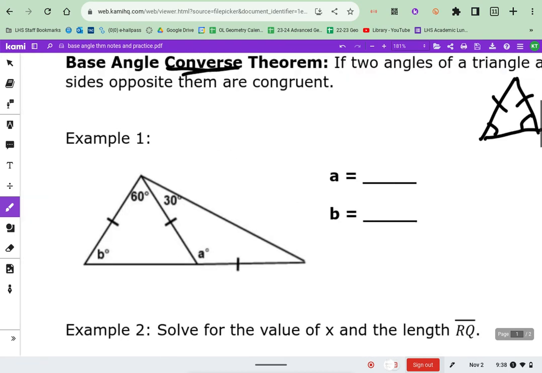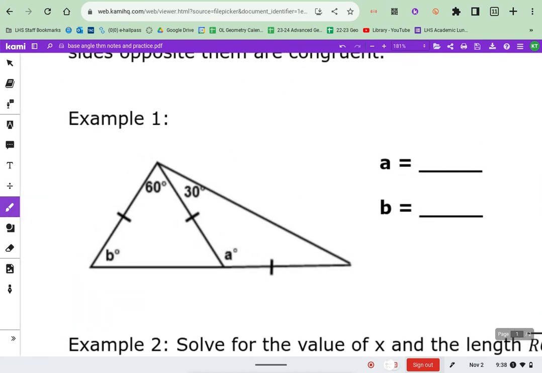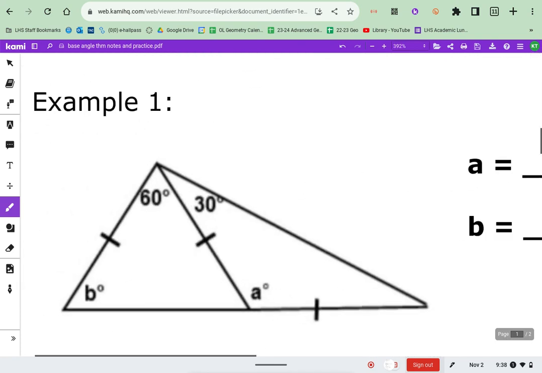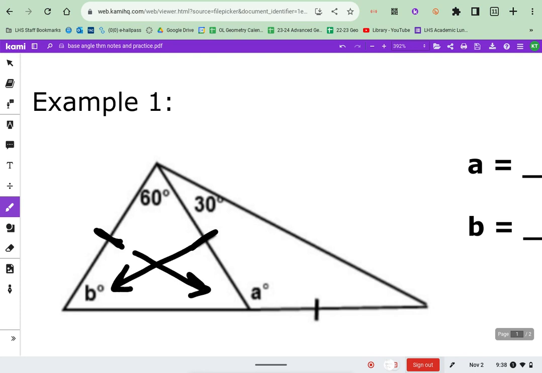All right, so in example number 1, we have that these two triangles are connected, and for just the left triangle, we want to solve for the base angle B. Since these two sides are congruent, that means that the angles across from them are also congruent. So I'm going to mark these congruent.